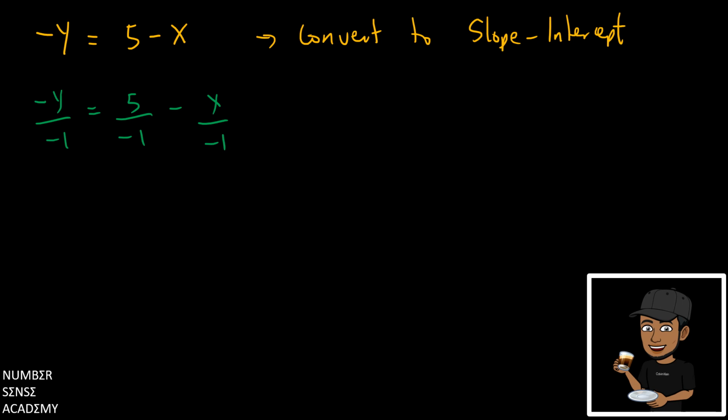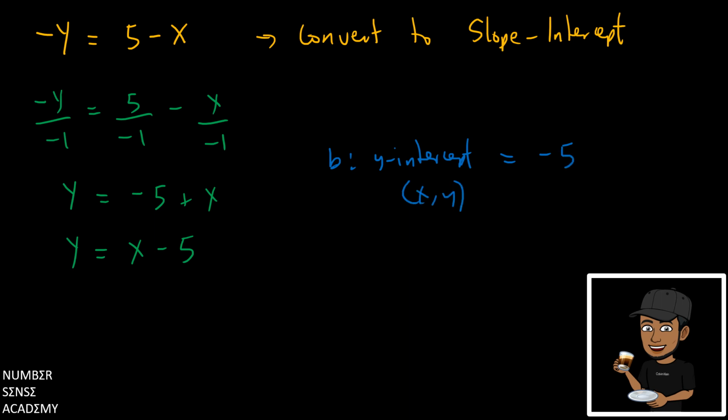So you have to be able to determine that as well. You could just move things around until you get what you want. If I divide by negative 1, this becomes positive y, this becomes negative 5, and this becomes positive x. So in slope-intercept form, I'm going to write it as y equals x minus 5. So what do we got? We know that b, the y-intercept, is equal to negative 5, and that coordinate is 0, negative 5.